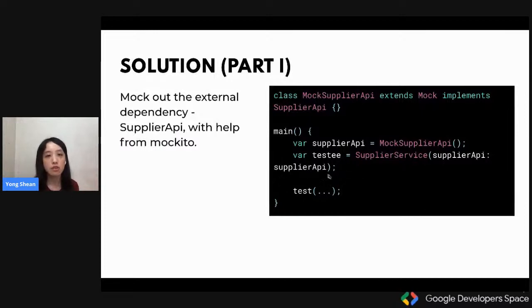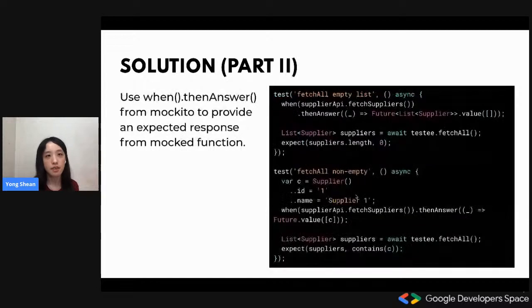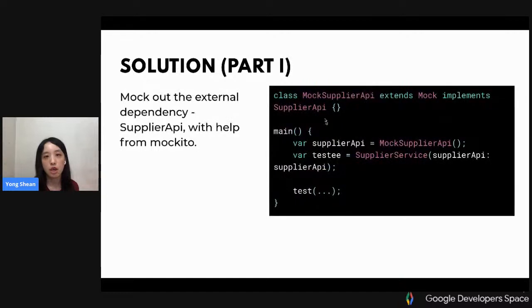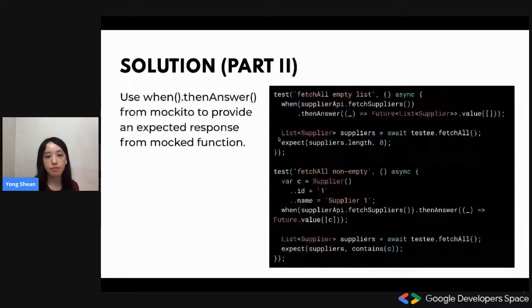So after that, then you can continue your test as usual. The good thing about using Mockito is you can define what is the expected response from your mock function. For example, just now I have created the mock supplier API, which is extended from the mock class from Mockito.